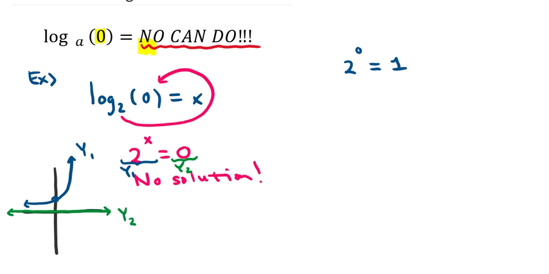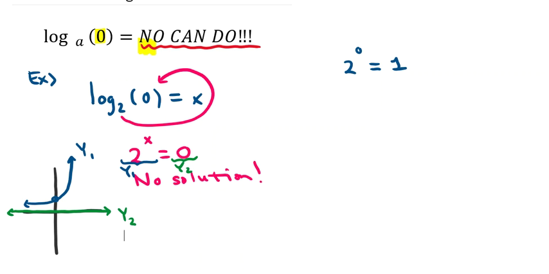So I want to point out that you may recall the range of 2 to the x is 0 to infinity, and we put a parenthesis on 0, and the reason for that is because this part of the graph, although it appears to be heading towards the x-axis, does not cross or touch the x-axis.